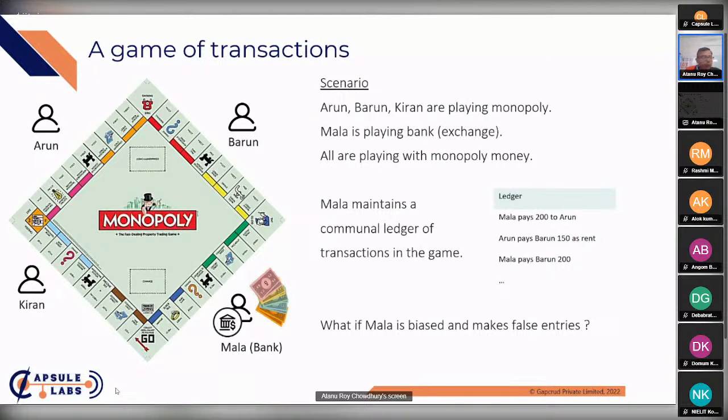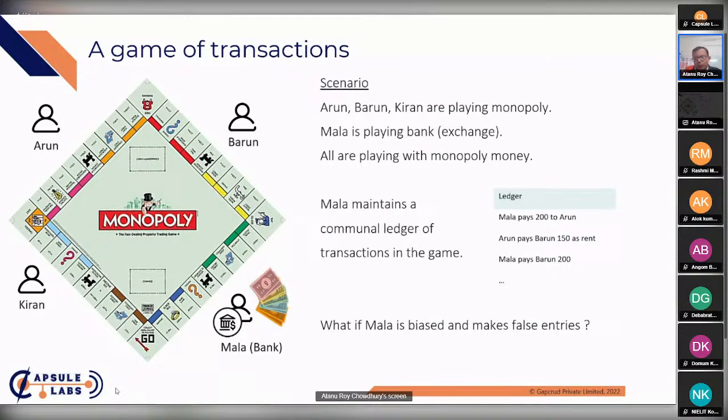So think of the same situation if I were to expand this into a macroeconomic scenario. If a bank is maintaining a ledger, what is the guarantee that the bank will never make an error, right? Yes, the chances are very, very small, but is it possible? That's the question we are asking over here, right?